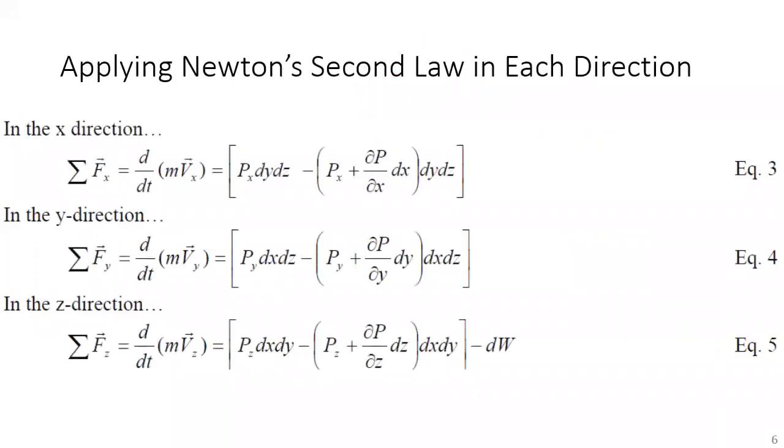So what we do then is apply Newton's second law in each direction, the x, the y, and the z direction. What we would say to start off is that the sum of the forces in the x direction is equal to the time rate of change of linear momentum in the x direction, mvx. And when we expand the sum of the forces, remember, if this is our box, our little cube, which is dx by dy by dz, we had a pressure p on this side, and the pressure on this side was p plus dp/dx dx.